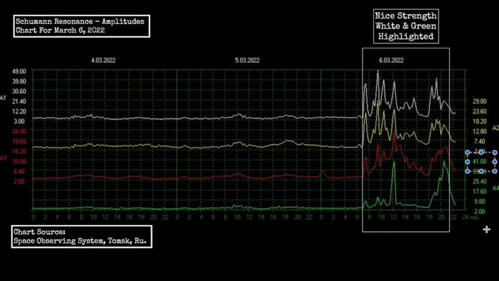So the action in the frequencies is in white, yellow, and red, but in the strength, it's green and white. And this is what I'm saying: that humanity is in a very strong position here, much stronger than is communicated on the nightly news. So don't be fooled. Stay centered.